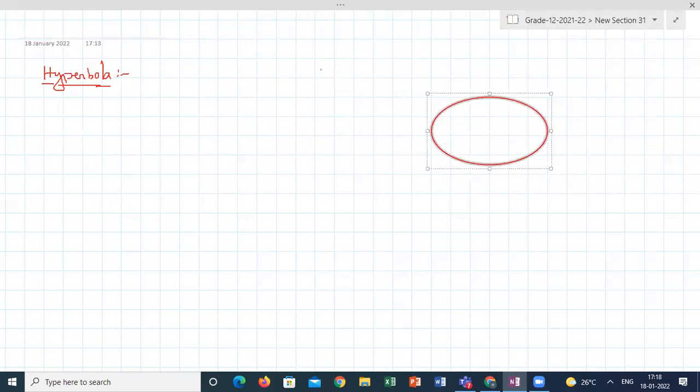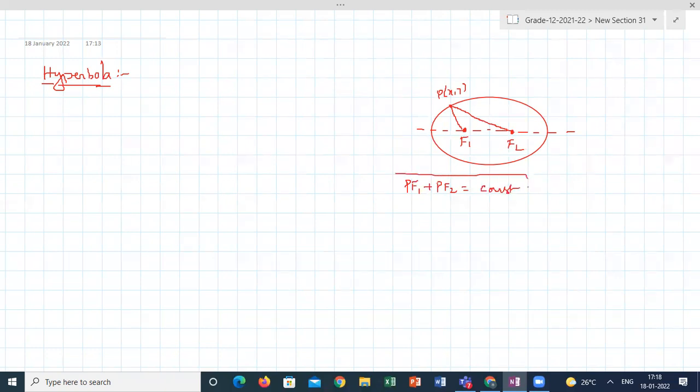Locus of points, the collection of all the points in such a way that from a point P(x, y), the sum of the distances to two fixed points, PF1 plus PF2, is constant. If I collect all the points satisfying this condition, whatever curve I get is an ellipse.